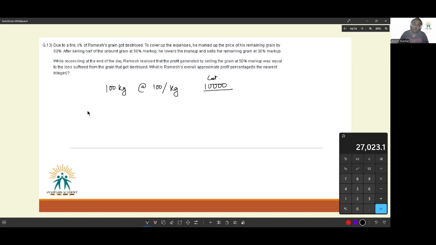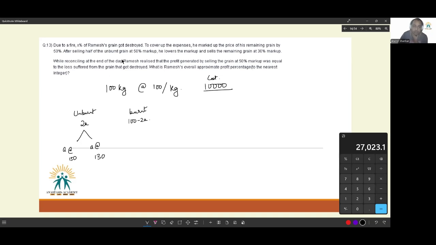So I'm saying what was not destroyed, the unburnt, I'm keeping as 2a. So burnt would be 100 minus 2a. Now within the unburnt, half of it is sold at 150, a 50% markup. And the other half is sold at 130, a 30% markup. The burnt portion was entirely wasted.